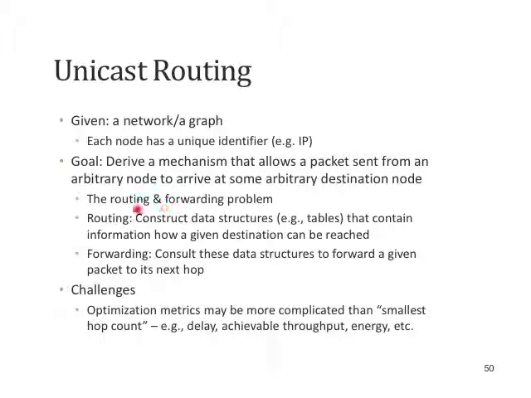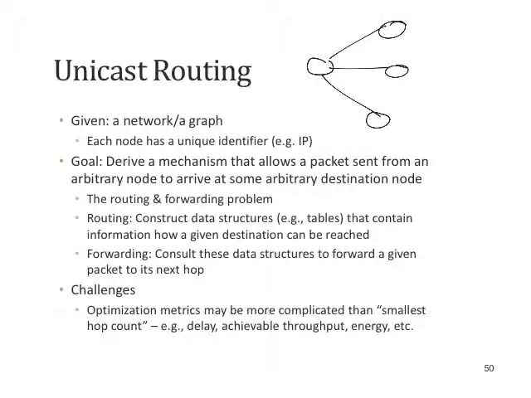So there is the routing and forwarding problem. What is the difference between routing and forwarding? Routing, we're talking about an end-to-end path, which means that you have the full picture. Forwarding problem means that at this point in time, I have a node here that's connected with multiple nodes.